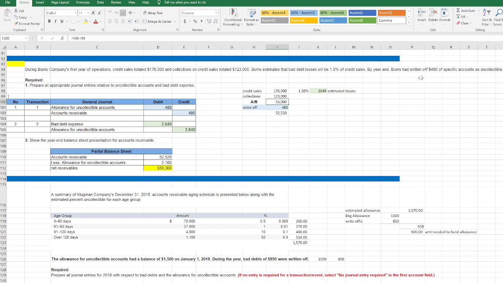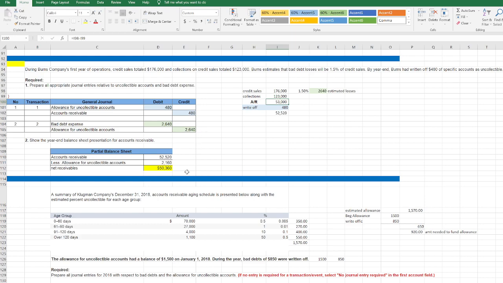By the year end, he'd written off $480 of specific accounts. So we have to take it to the allowance: allowance for uncollectible accounts 480, and accounts receivable credit 480. So we're getting rid of the receivable and writing it off. Then this entry is to fund our allowance. So we're going to debit bad debt expense and credit the allowance.